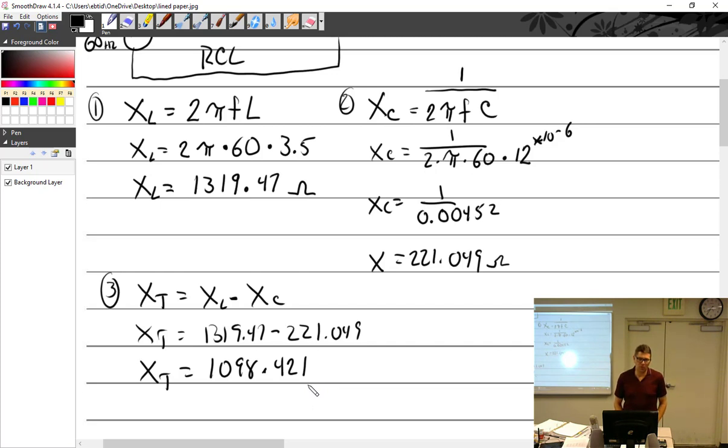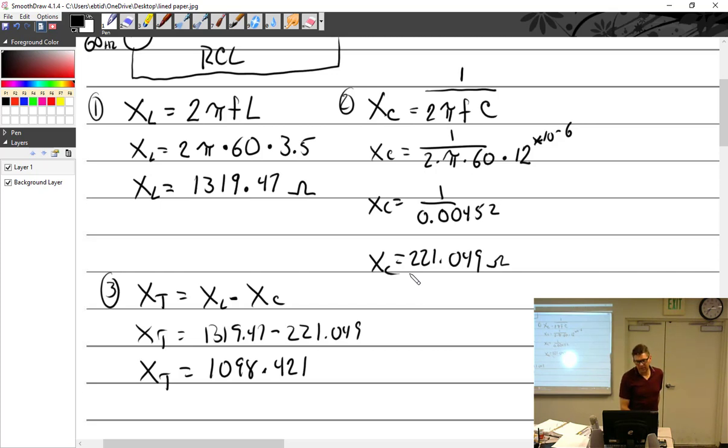Is this circuit capacitive or inductive? It's inductive. Why? First of all, because X total is a positive number, and X total is positive because X of L is bigger than X of C. Another way to phrase that: is there more inductive reactance or more capacitive reactance?